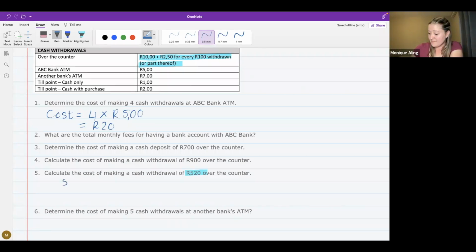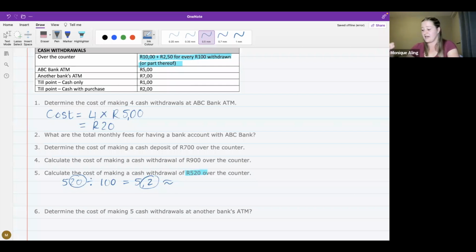We divide by 100, which means there are 5 hundreds in there, and this comma 2, or the 20 rand, however you want to look at it, is part of the next 100. So you've been charged for that next 100. Even if it was 501 rand, that 1 rand forms part of that next 100. So you'll be charged for that 100.